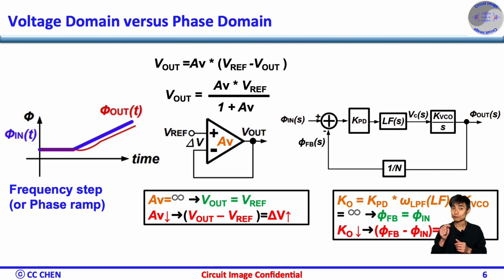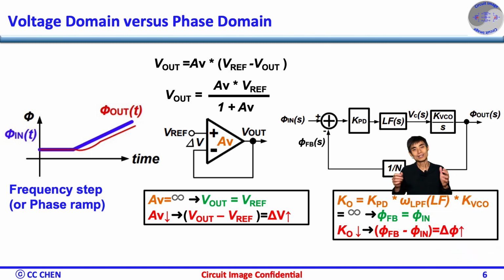Therefore, if we decrease the finite feed-forward DC gain for tracking an input frequency step, then the phase error between the feedback clock and reference clock is increased. Alright, what's the bandwidth issue related to the DC feed-forward gain?